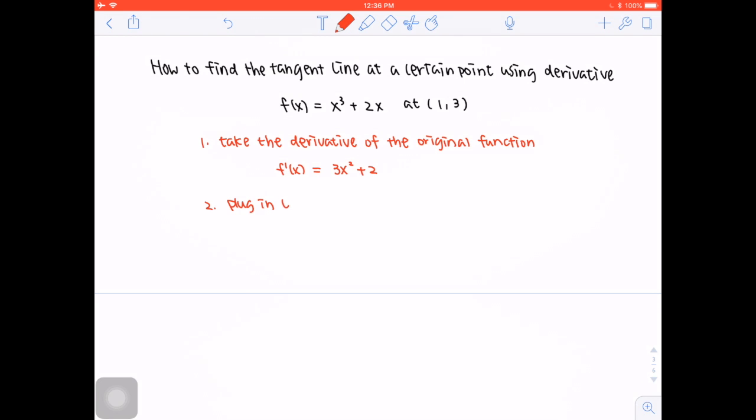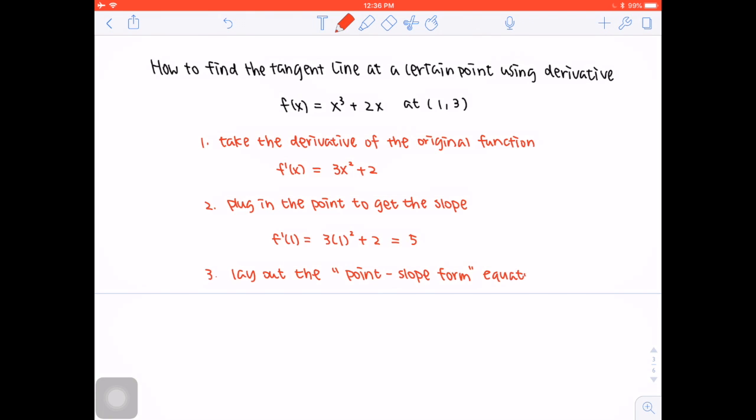The second step is that you plug the point into the derivative function in order to get a slope. So you plug 1 into the f prime function and you get 5, which is the slope of the tangent line. And the third step is you lay out the point-slope form equation, which is y minus y1 equals m times x minus x1.